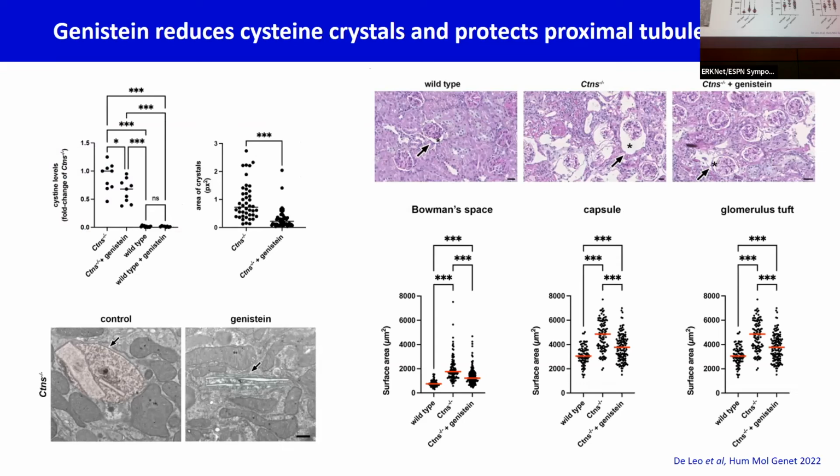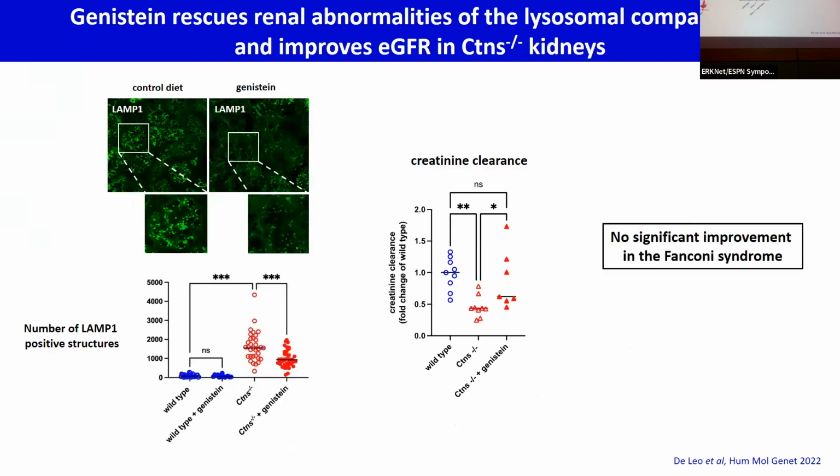And you see that there is a major decrease in the number of cystine crystals accumulated. Cystine levels were also decreased. And these swan neck deformities that I've shown you, that are shown here indirectly by these atubular dilated glomeruli, were very significantly decreased.